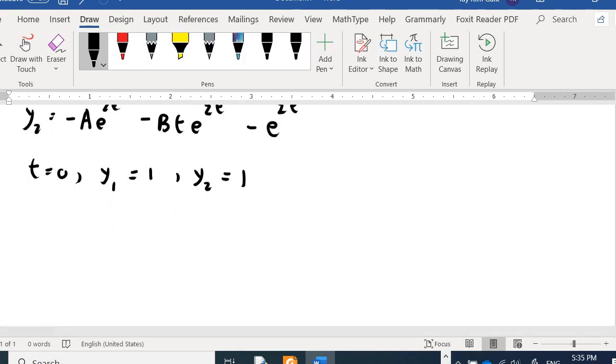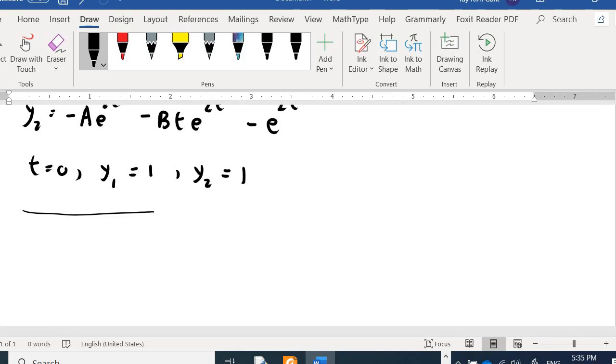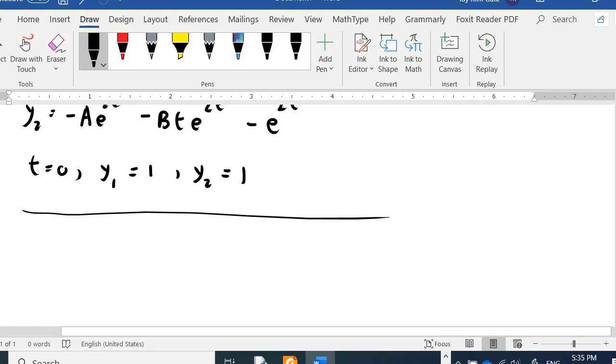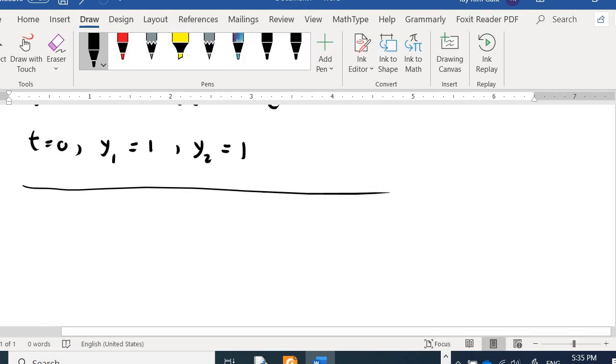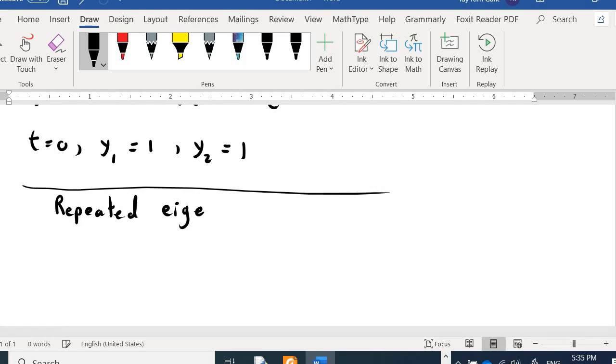So okay, I conclude back for repeated eigenvalue. First step, you solve determinant (A minus lambda I) equal to 0.